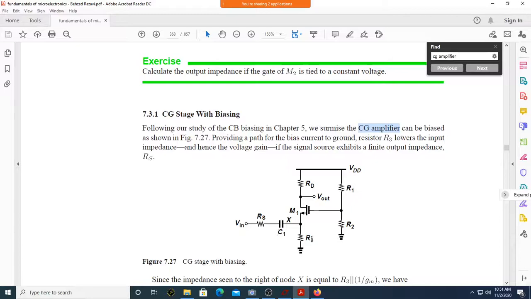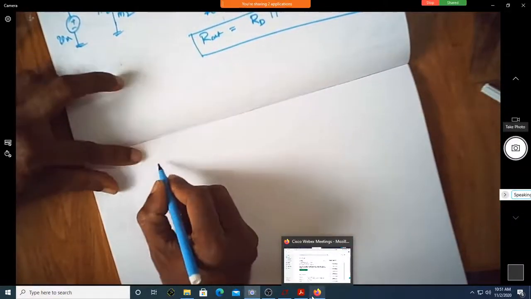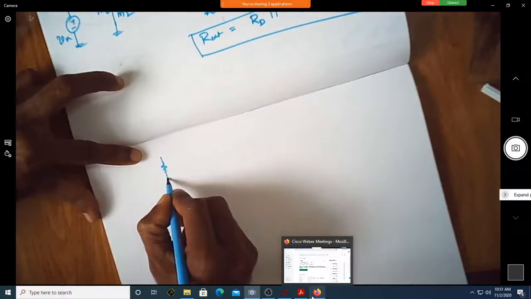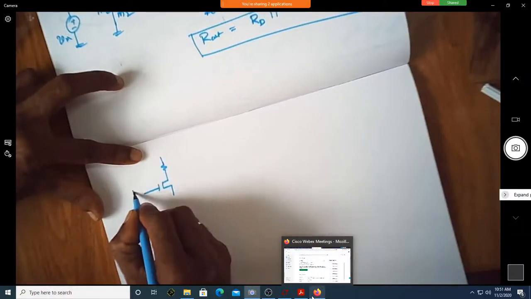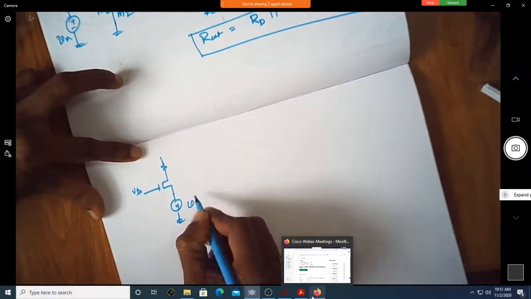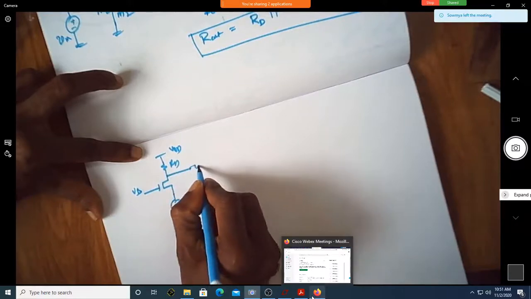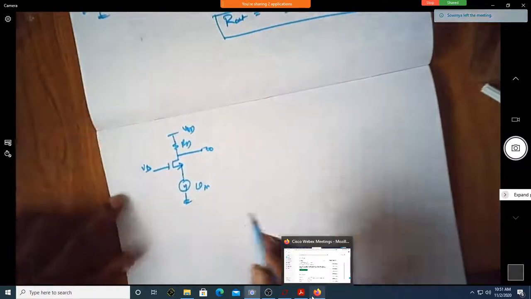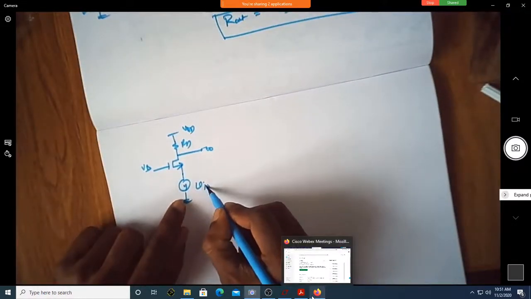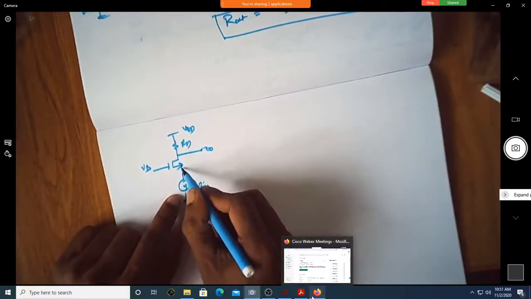Assume here, let me just go down to this. How does your CG amplifier usually look like? This is Vin, this is VDD, this is RD, this is V0. But typically you will not have an input source connected directly to the gate.